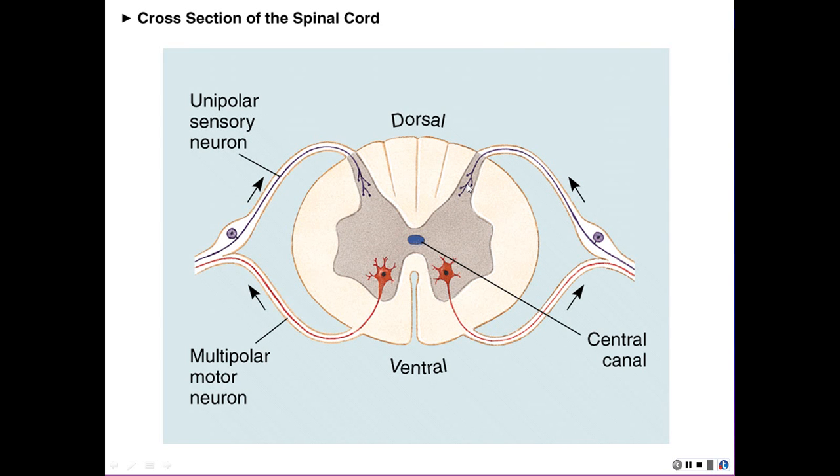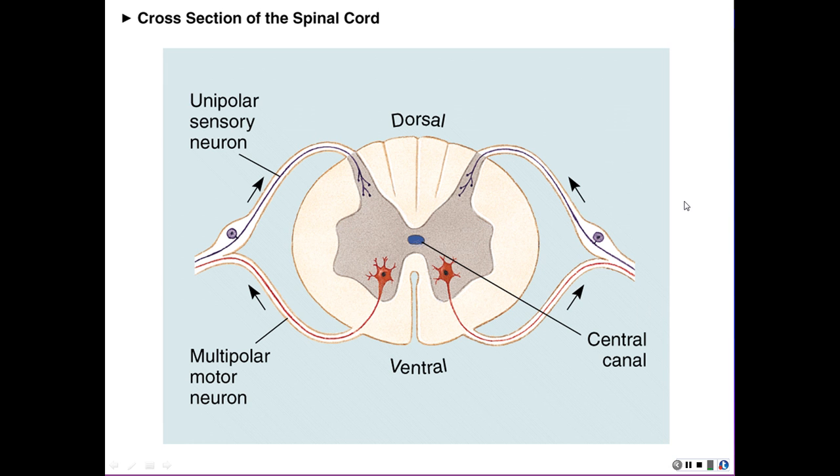In contrast, the nerve cell bodies for the efferents, which carry information away, so this would be the motor information leaving the spinal cord, have their nerve cell bodies within the spinal cord, and then the neurons exit and join the spinal nerve. So each spinal nerve has both an afferent and an efferent.